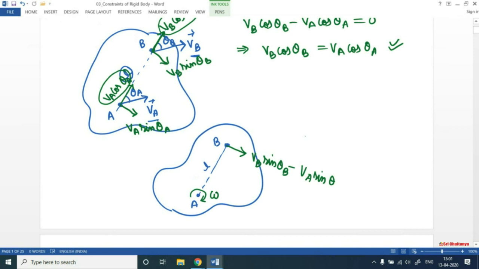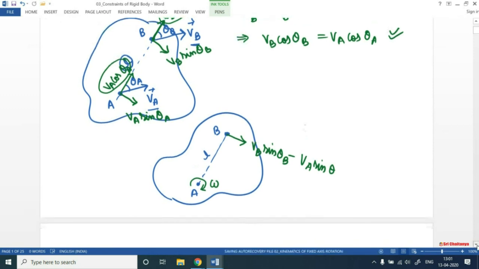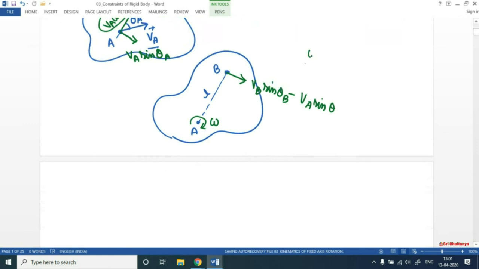So omega of B with respect to A we can very well calculate: that will be simply the tangential velocity upon L. So that would be VB sin theta B minus VA sin theta A divided by L.